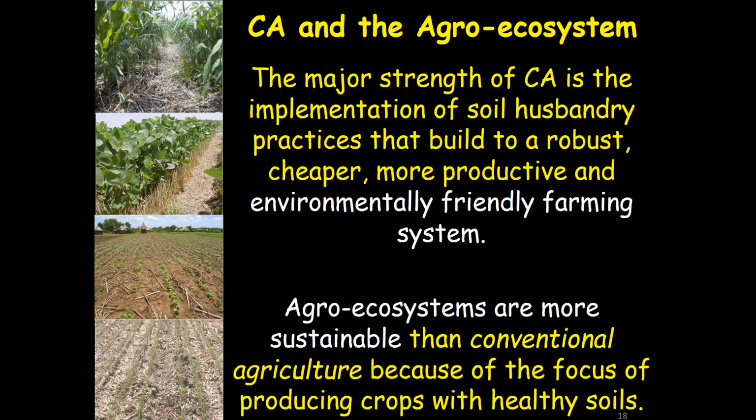So the major strength of conservation agriculture is the implementation of soil husbandry practices that build a much cheaper and more robust and more productive environmentally friendly farming system. Agroecosystems are therefore more sustainable than conventional agricultural systems because of the focus of producing crops with healthy soils.